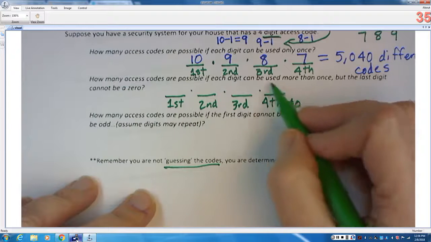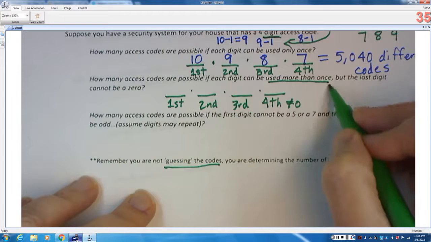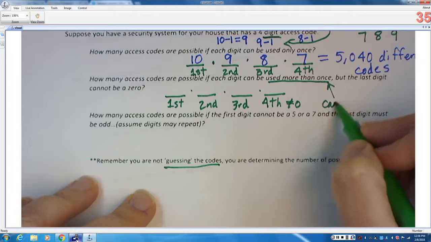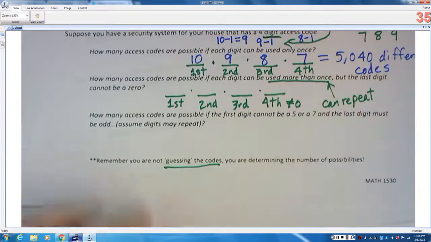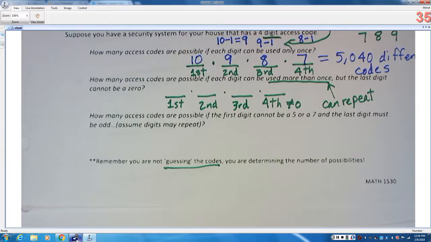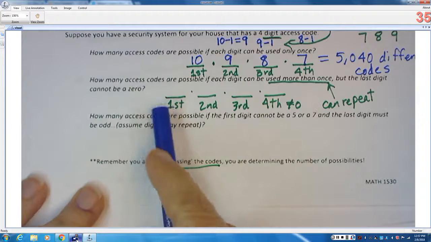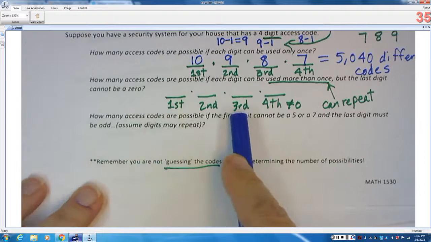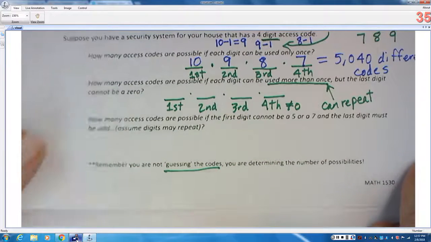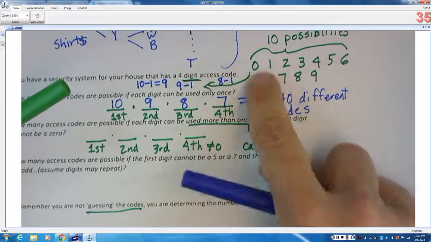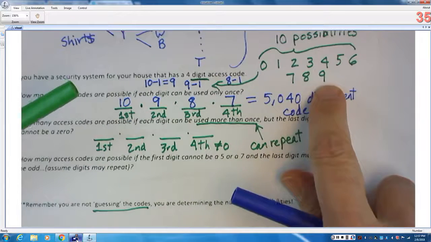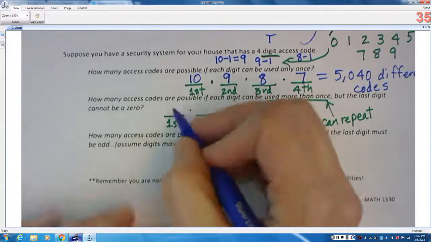And the digits can be used more than once, which means they can repeat. So there's no restrictions on the first, second, and third digits. We can program any number between 0 and 9 in there, and that's 10 possibilities.